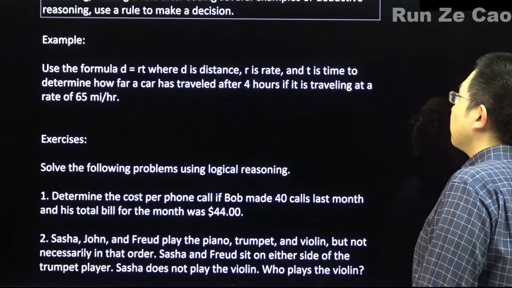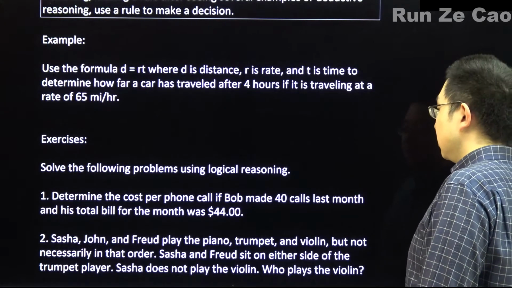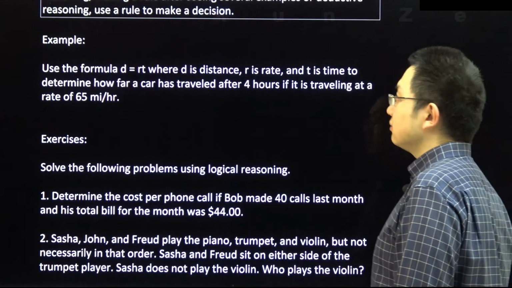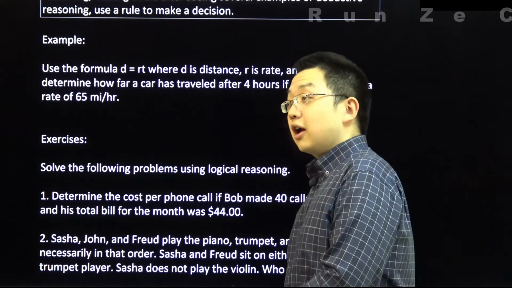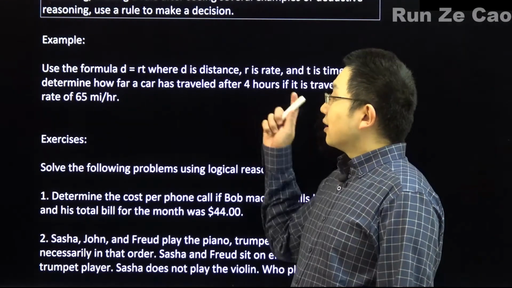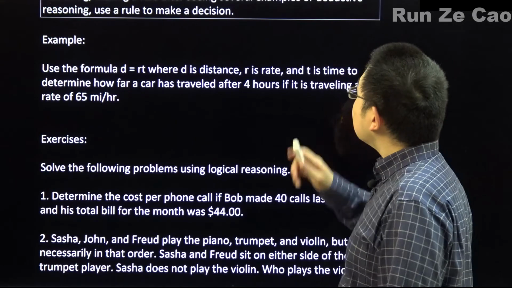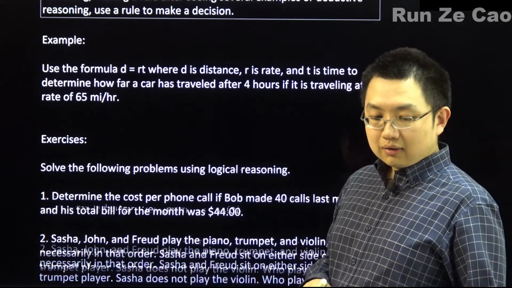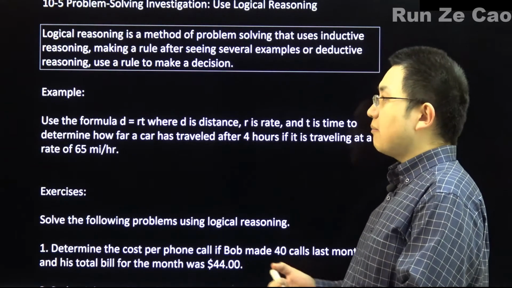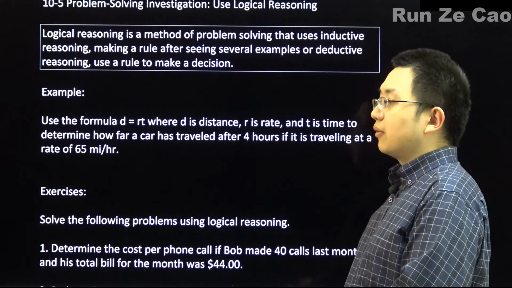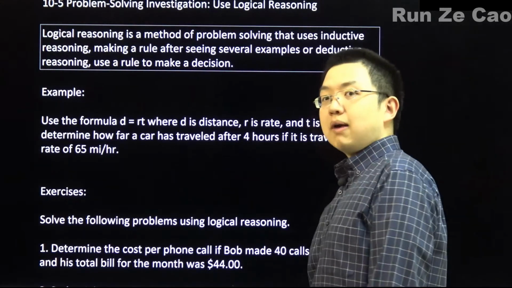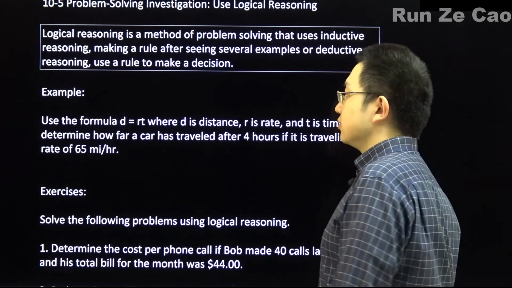The examples though are a little bit not very geometric. Well, the exercises aren't either. It's fine. Just remember that in geometry we use a lot of inductive reasoning where we get examples and then make a rule using those examples as evidence, or deductive reasoning where we make decisions based on rules.